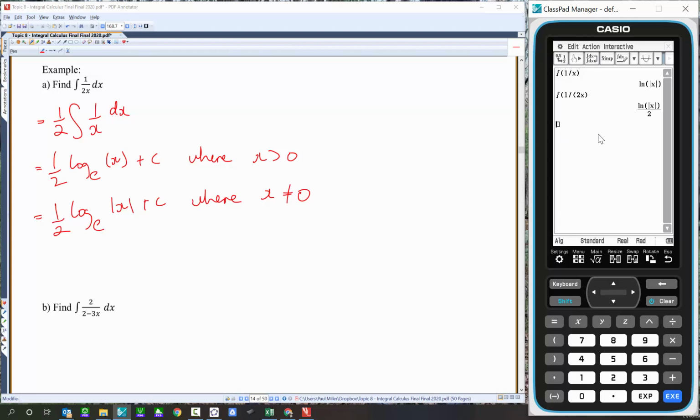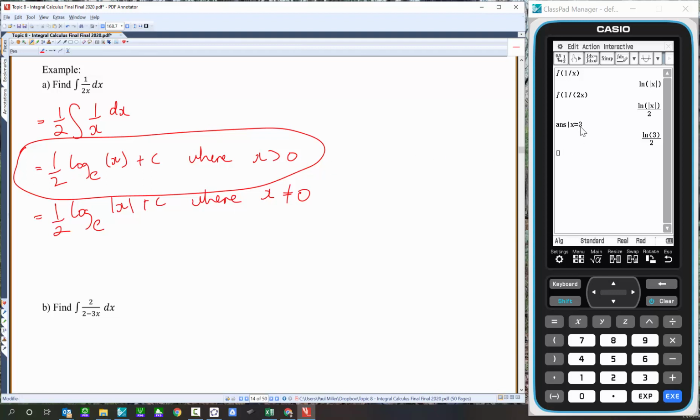So I'm going to do the answer with x equal to 3, and we get this answer. Now, if I did that with mine, we can see I get exactly the same thing, half log_e(3). Now this particular answer, which is perfectly acceptable in 3-4 methods, won't accept values of x less than 0.